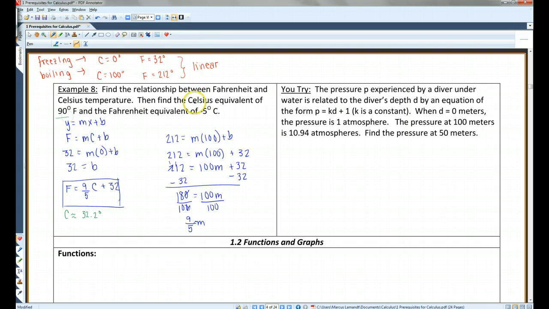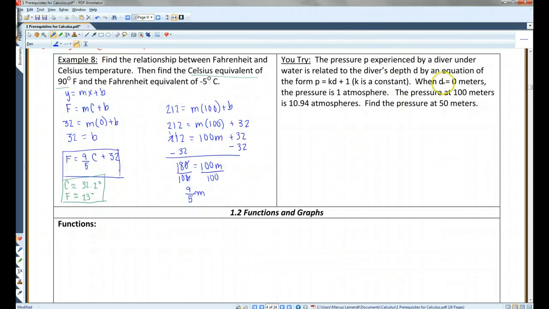That's the first part, the Celsius equivalent. And Fahrenheit, if you were to plug in -5 for C, you're going to end up with 23 degrees. I'm confident at this point that you guys are able to plug numbers into an equation and solve. Alright, you guys, go ahead and try this one. And then when you think you got it, hit play.